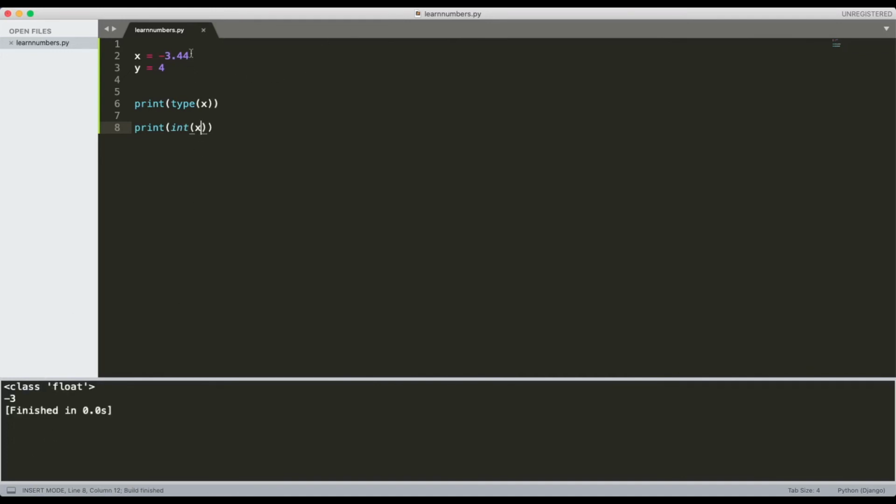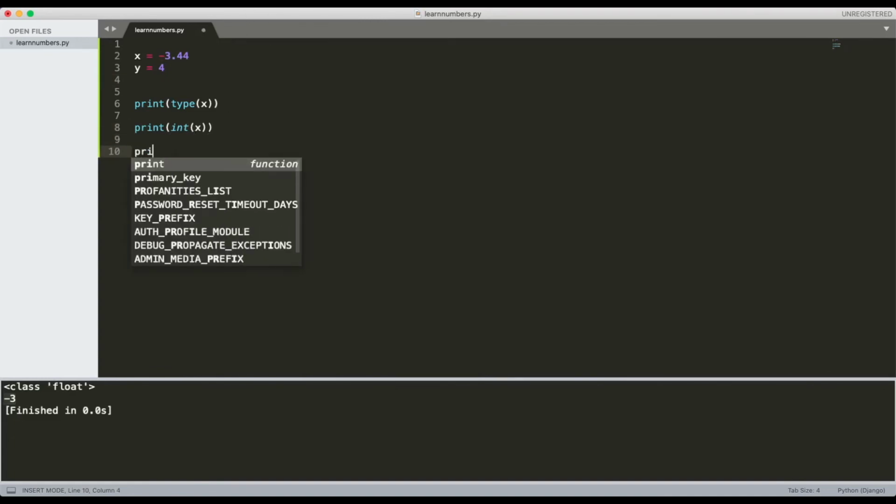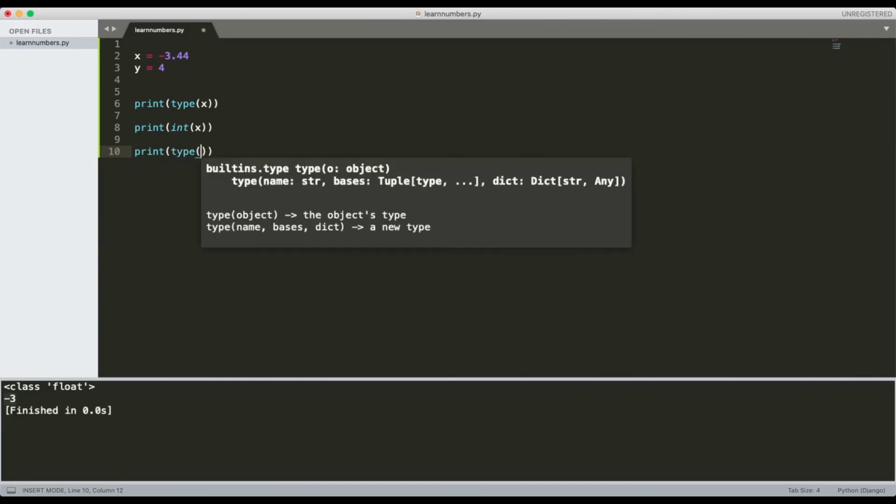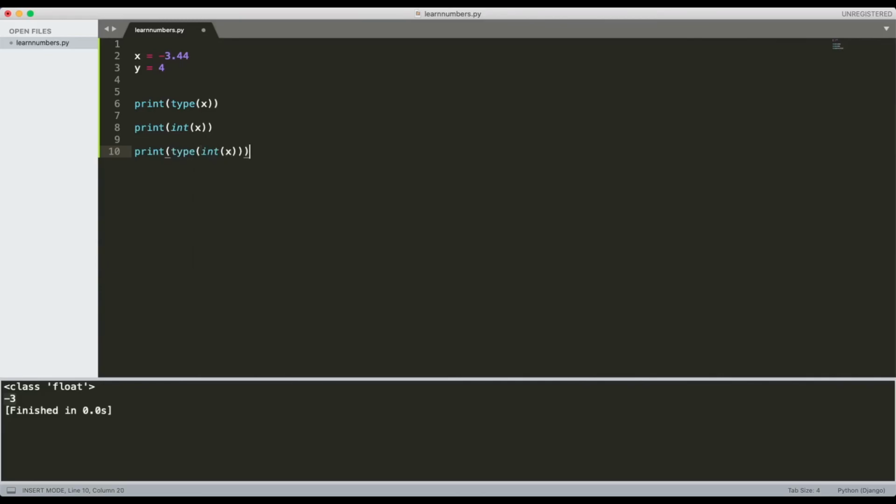So you can see that a float turned into an integer, right? Because it has no decimals. And if we did type after converting into an integer, you can see that it's an integer.